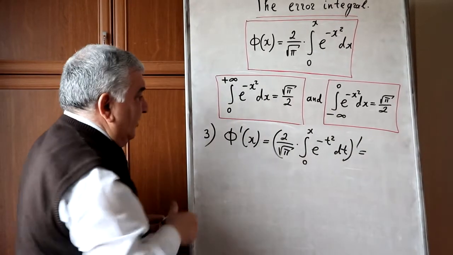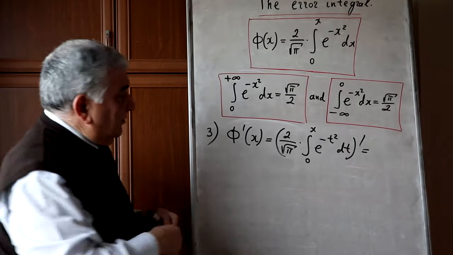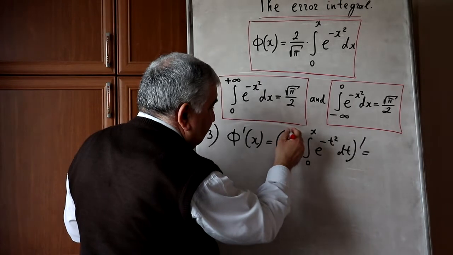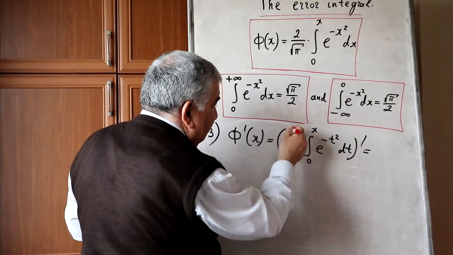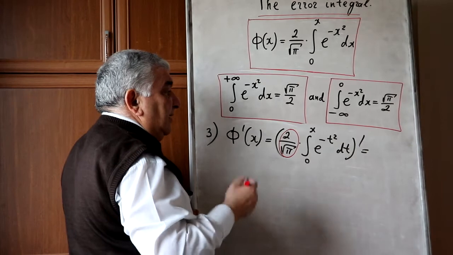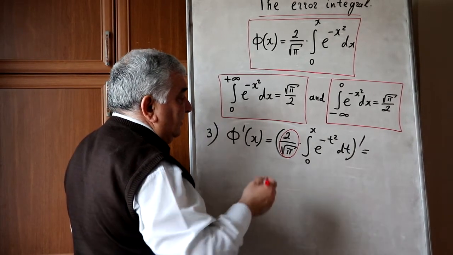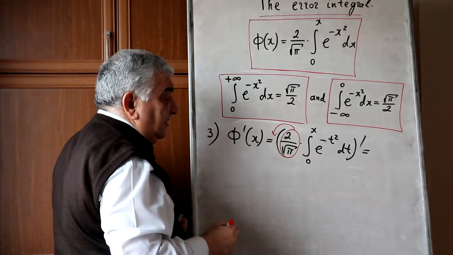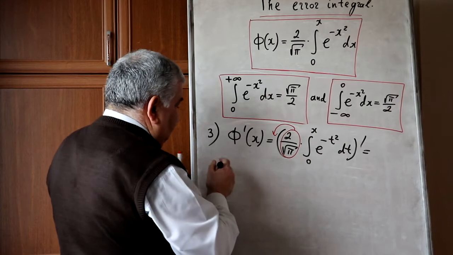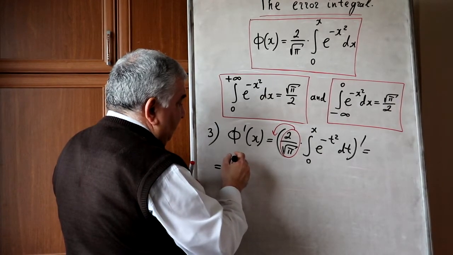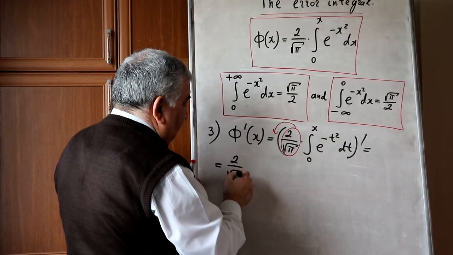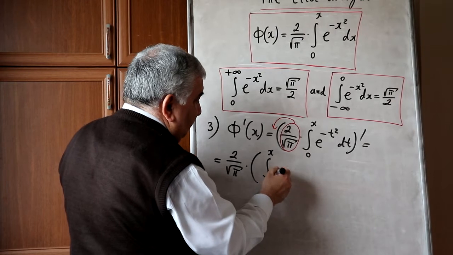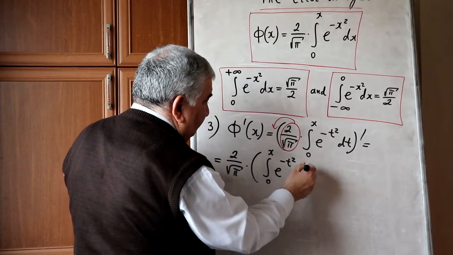First say that 2 over square root of pi is a constant factor, and therefore we can take it out of the derivative symbol. Therefore, we will obtain 2 over square root of pi multiplied by integral from 0 to x of e to minus t squared dt prime.